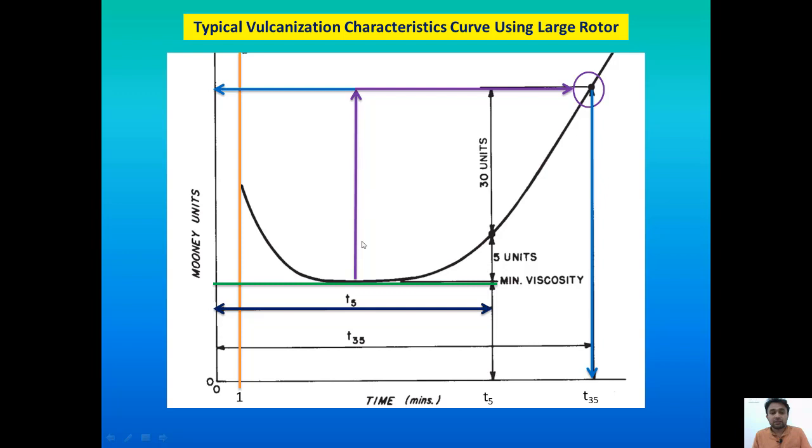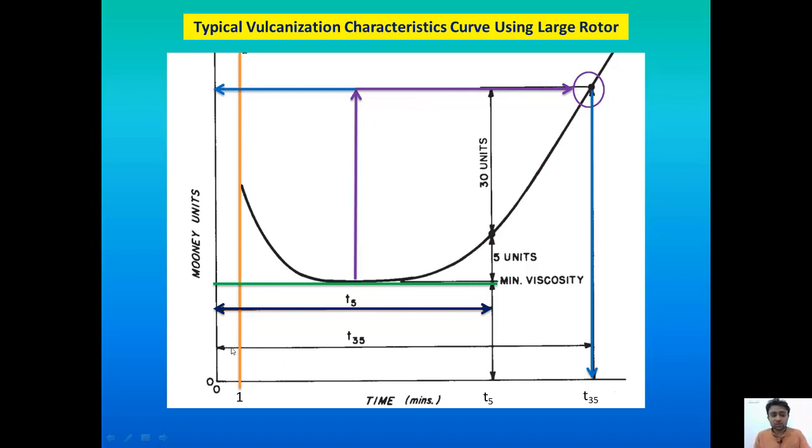Okay, here we need to count 35 Mooney units from the minimum Mooney viscosity value. We need to come to the curve, and if you go to the x-axis, you will find the T35, meaning the time taken to increase the Mooney viscosity or the torque value by 35 units from the minimum torque value or the Mooney viscosity received in the cure curve of the Mooney viscometer measured using a large rotor.